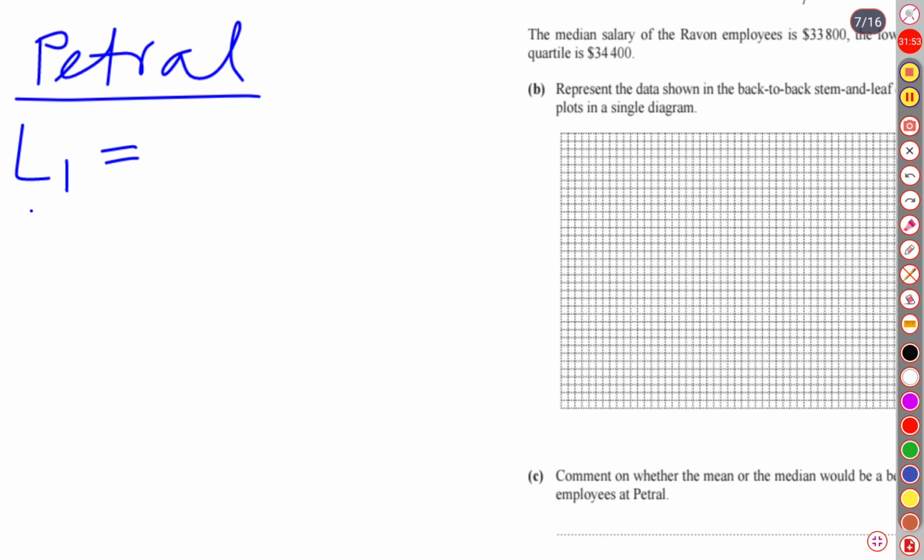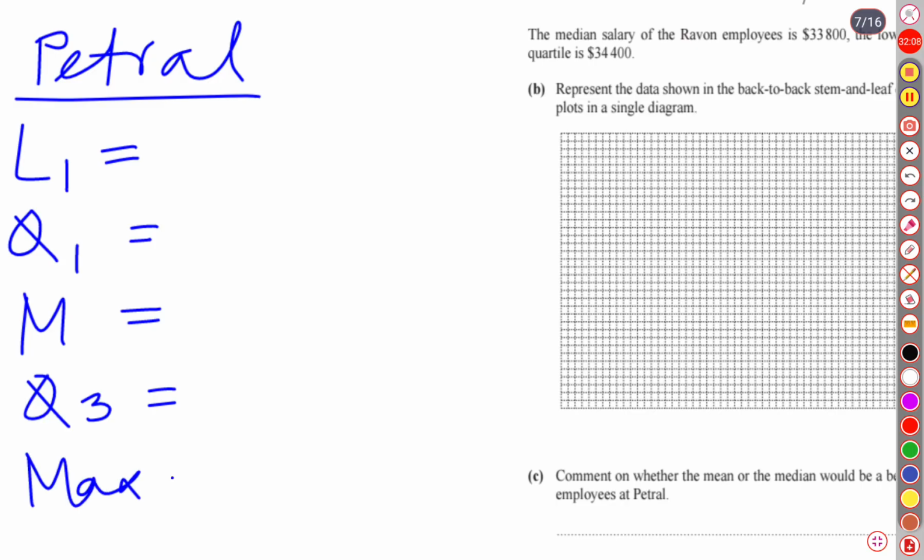Then lower quartile salary. Then median salary. Then upper quartile. Then maximum salary. So these 5 pieces of information are required, and everywhere we can write the dollar symbol.